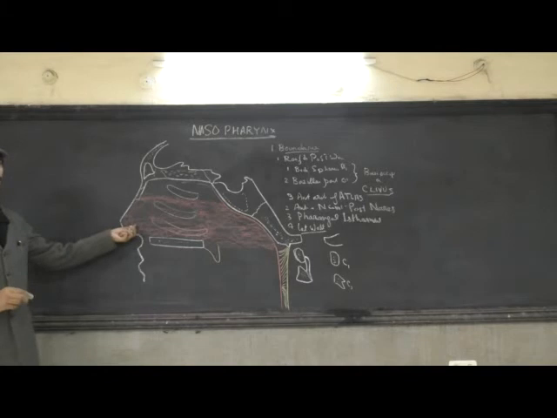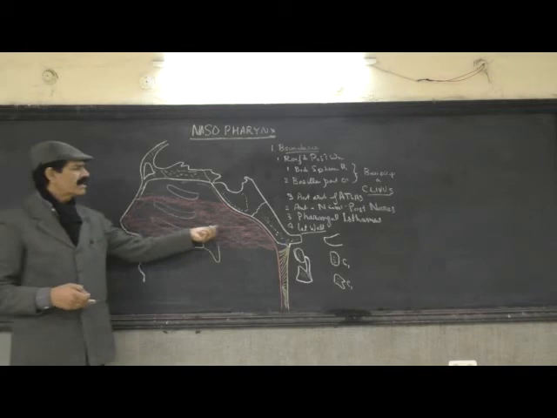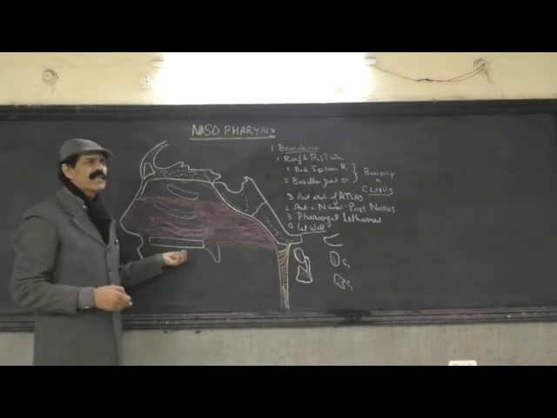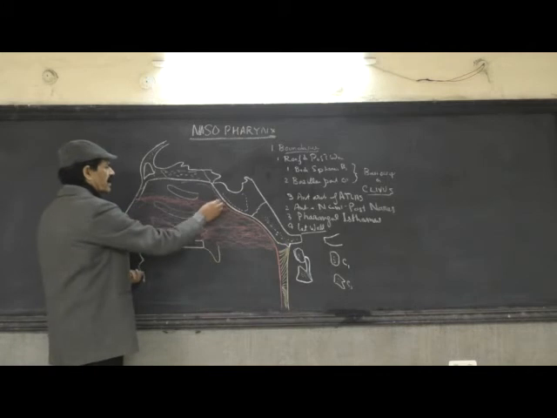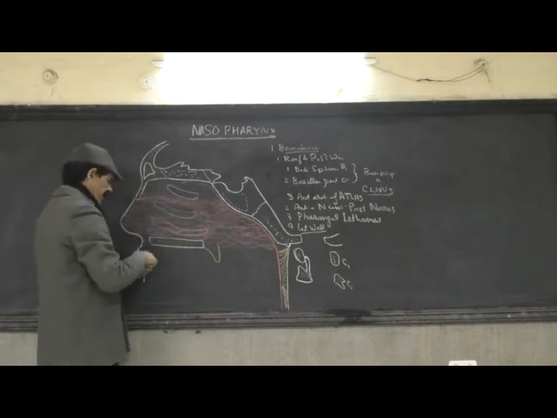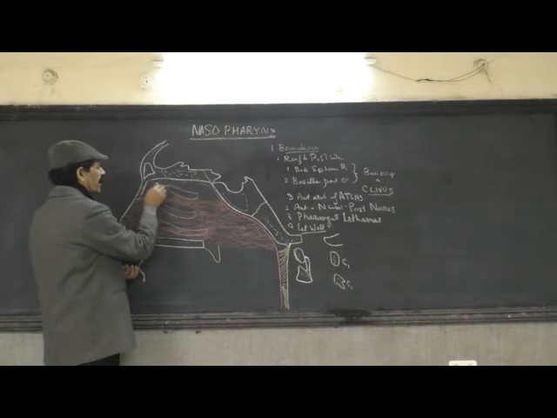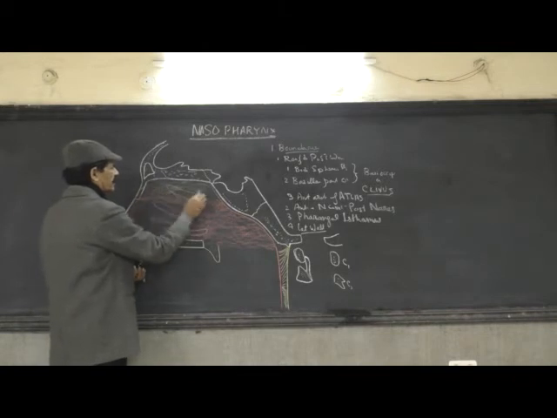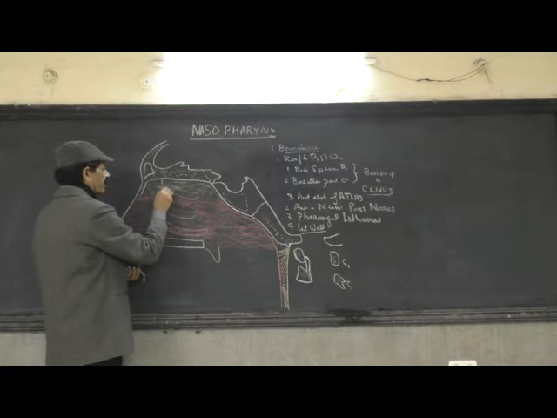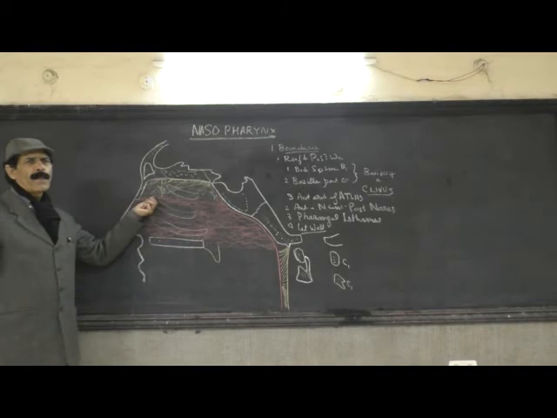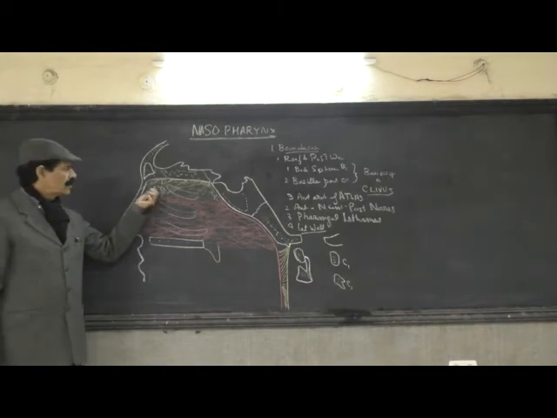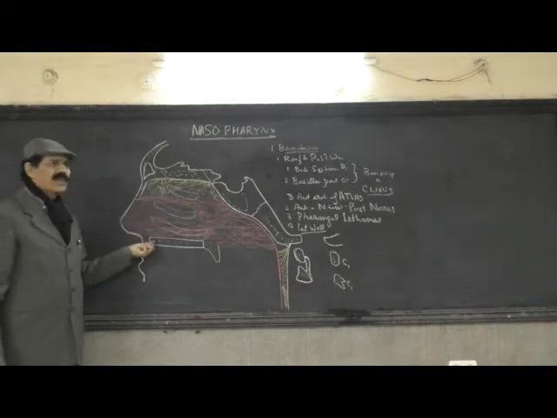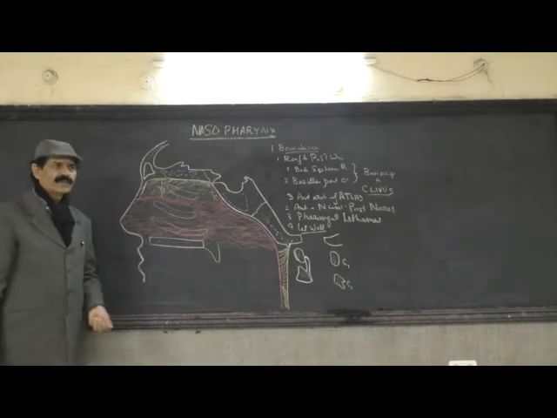All of the respiratory tract has ciliated columnar epithelium, and the same epithelium covers the internal side of the nasopharynx. In the upper one-third of the nasal cavity the mucosa is pale in color, and the same continues in the nasopharynx. This is the olfactory mucosa. Upper one-third is olfactory and lower two-thirds is respiratory mucosa. The same is also found here. So that is the internal lining.